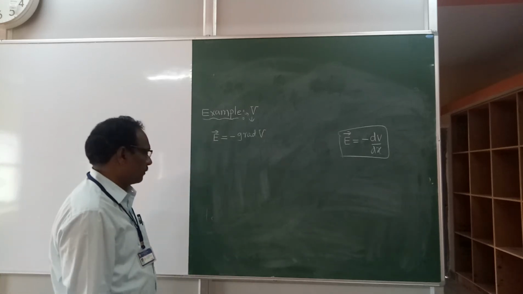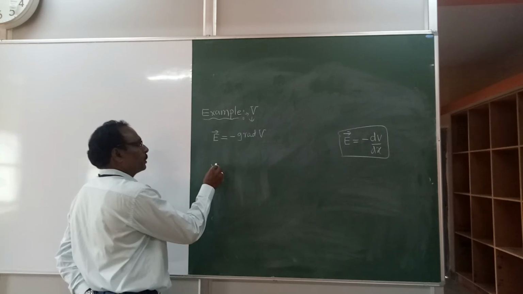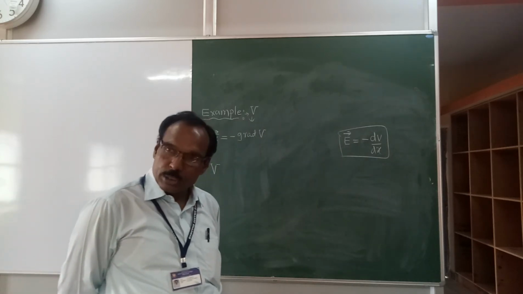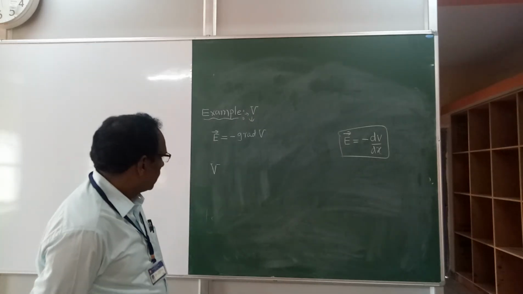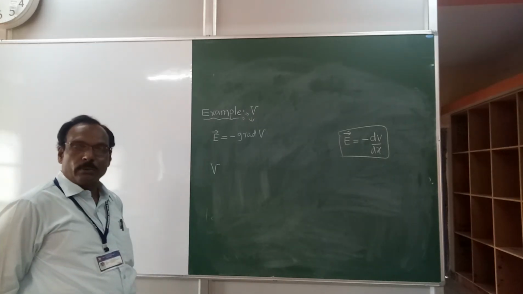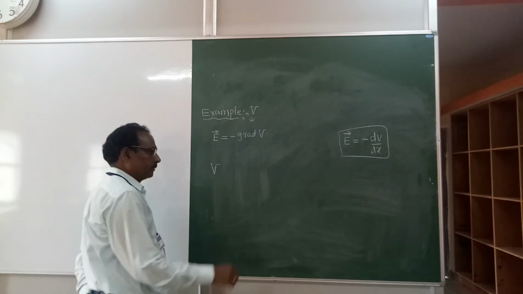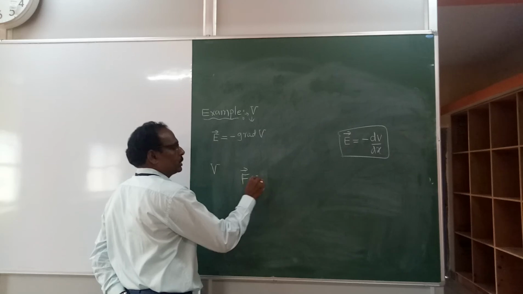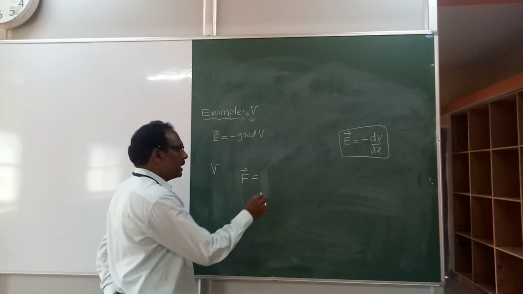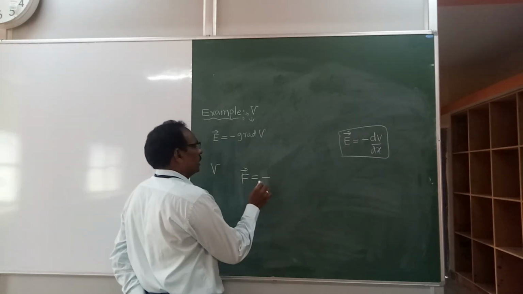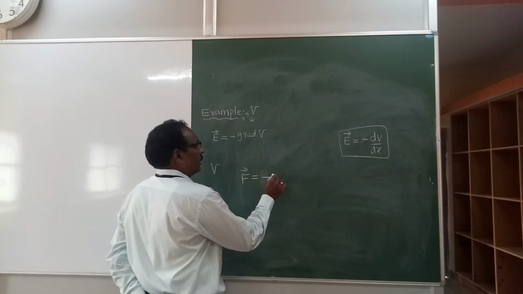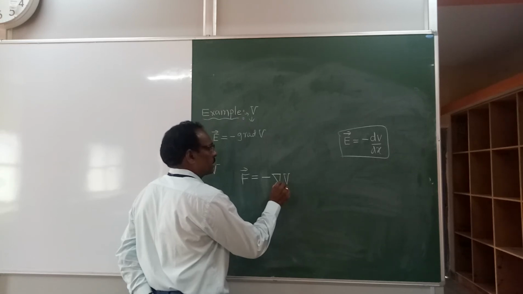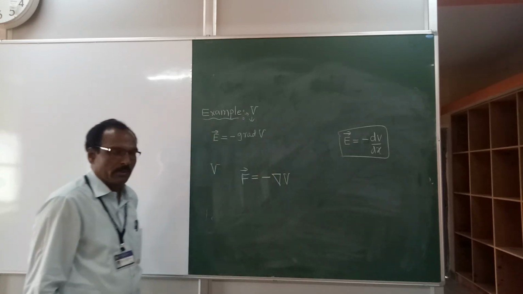Another example, if V is the potential energy by virtue of position, then we write force is equal to negative gradient of potential, del V. Many times we use this in physics.